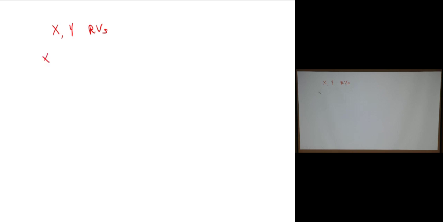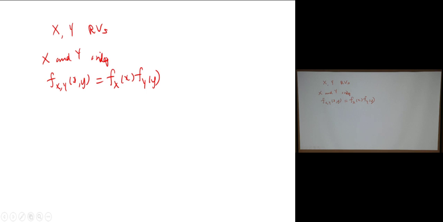We say that if X and Y are independent, then this joint probability density or probability function equals the product of the two marginals. Not only that, it has to be valid for all x, y, any possible x, y.